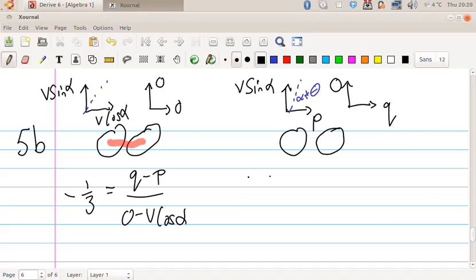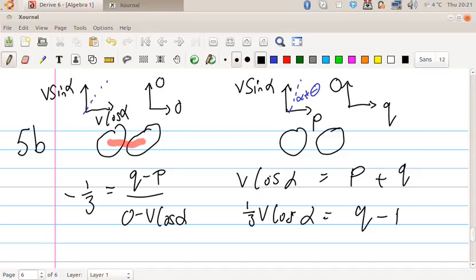Are they identical masses? Yeah. So we'll just call it M, which will end up cancelling. So we have V cos alpha plus 0 equals P plus Q. Now what I just did there was I took this one but wrote it as one line. So we have two equations, 1 and 2.